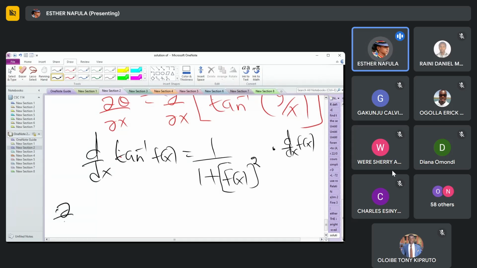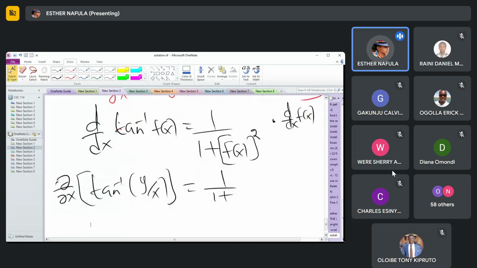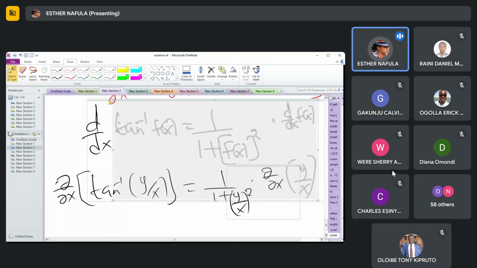So partial derivative with respect to x of tan inverse of y over x will be 1 divided by 1 plus our function here, y over x, the whole thing squared, times partial x of y over x. If we differentiate y over x partially with respect to x, we treat y as a constant.